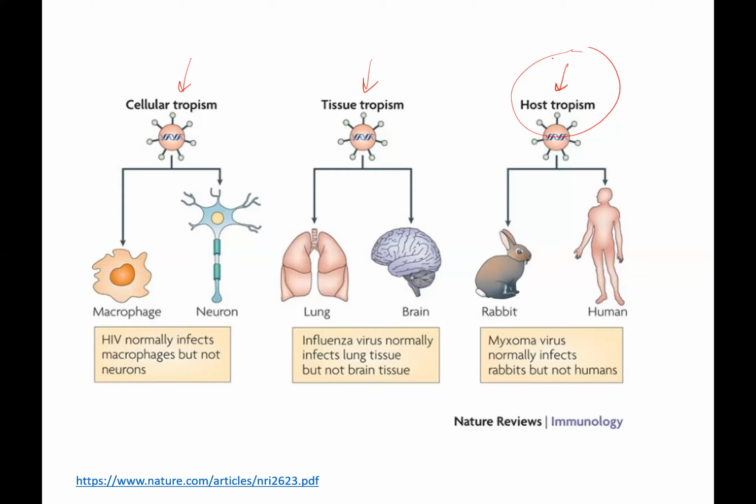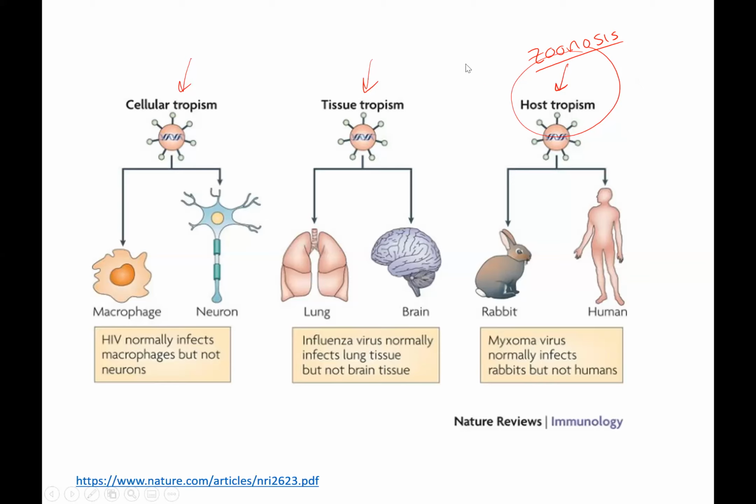And so the mouse would not be a good model for studying SARS-CoV-2 infections. And host tropism, we'll talk about in a second too, can change. And a lot of times this is called zoonosis, where the host has changed from animal to human.